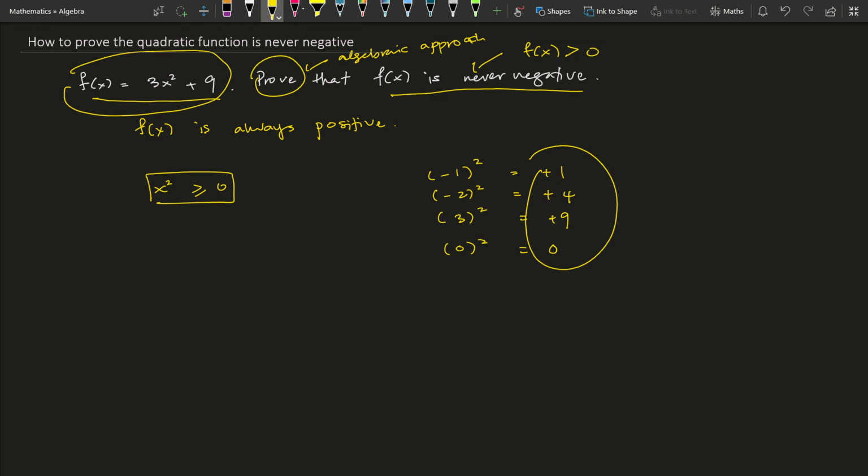Now look at f(x). f(x) is 3x squared plus 9. We have x squared is greater than or equal to 0, so 3x squared is greater than or equal to 0. Now there is plus 9, so we add 9 to both sides.